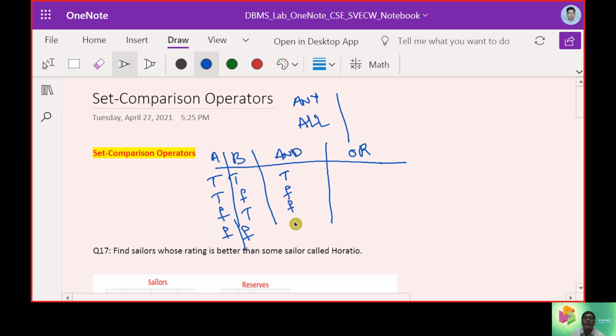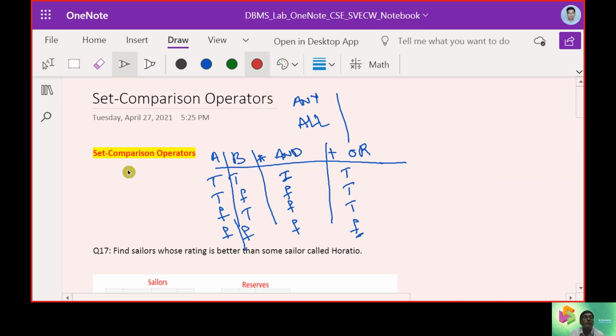If any one of them fails, it doesn't care, it puts a false state. Similarly, if any one of the conditions is satisfied, then OR goes up, and it checks only the extreme case where both the conditions are false.